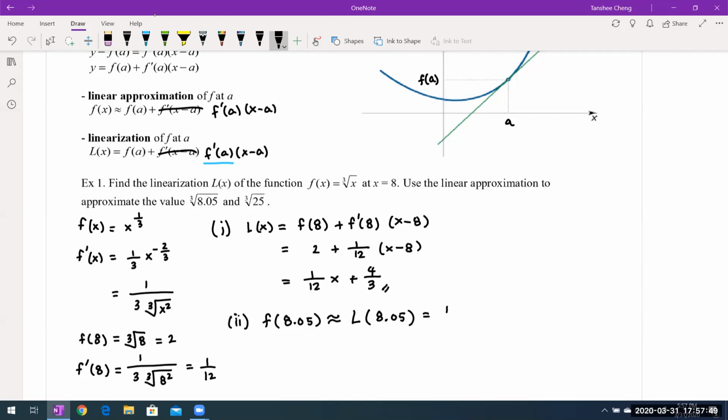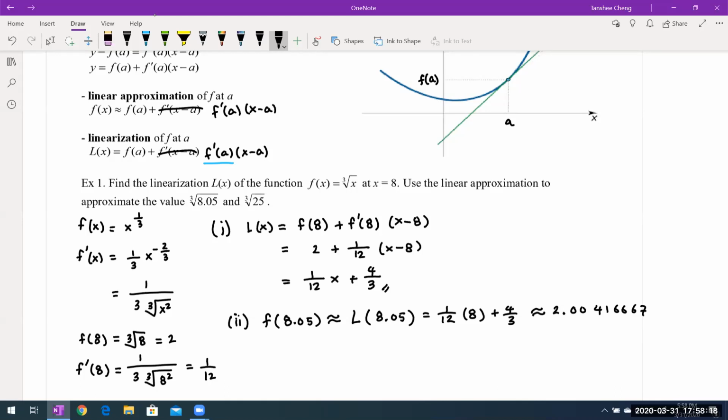This gives us 1 over 12 times 8.05 plus 4 over 3, and using a calculator, this gives us 2.00416667. Let's continue on.